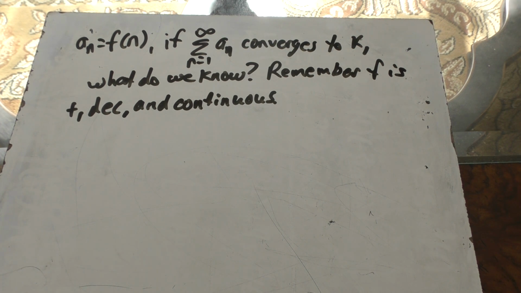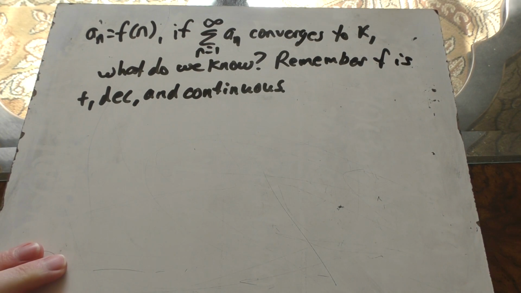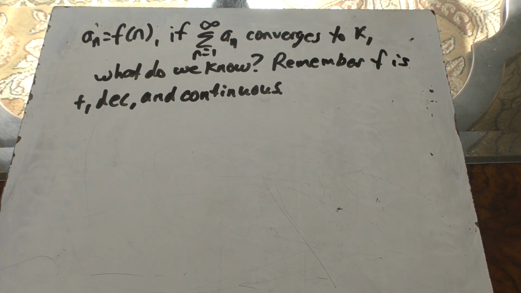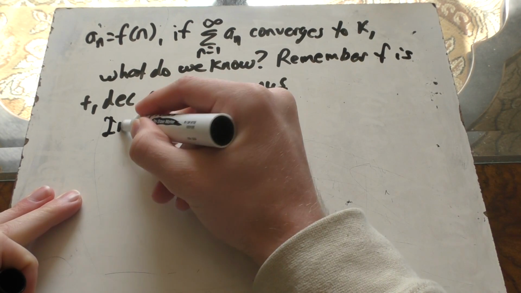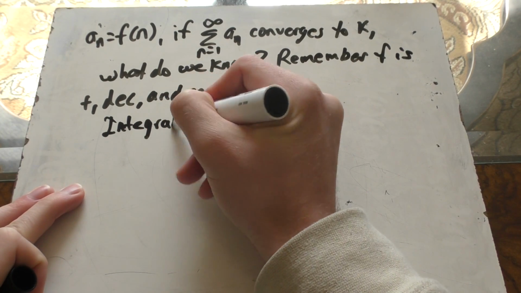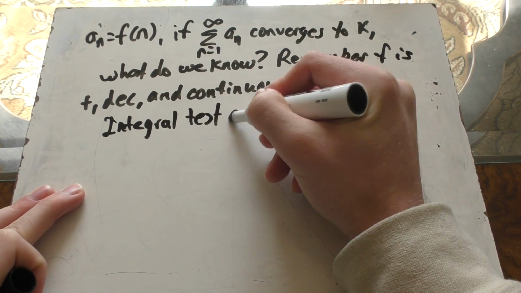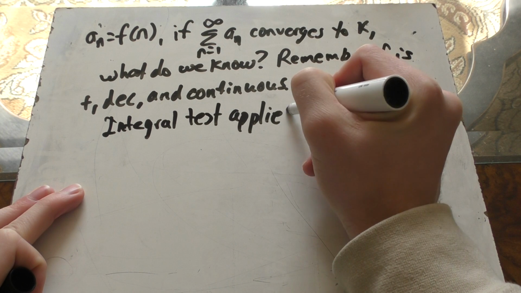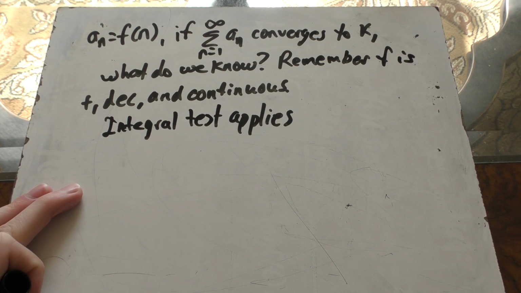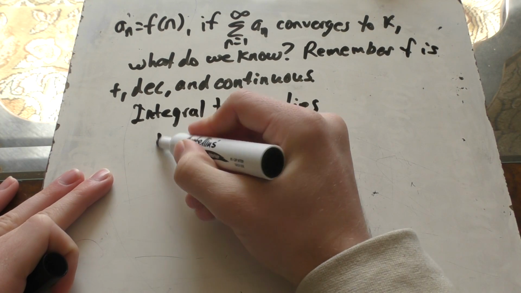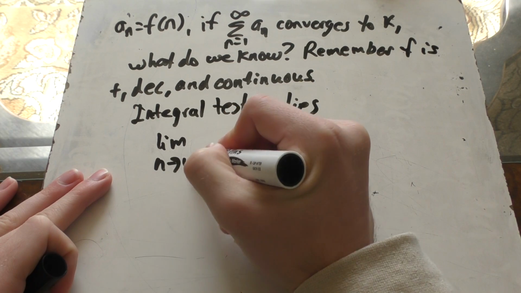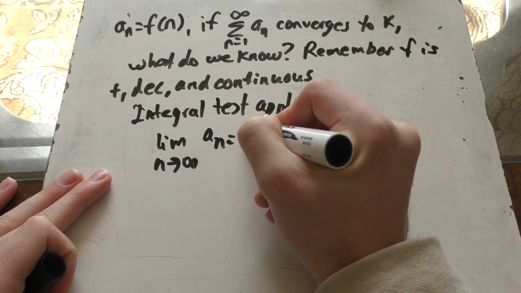Remember that f is positive, decreasing, and continuous, so the integral test does apply. That's kind of the key here. The integral test applies. Now here's the thing. The answers really came down to whether or not people felt like the limit as n approaches infinity of a sub n equals k.